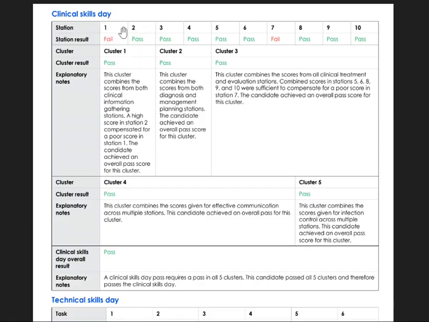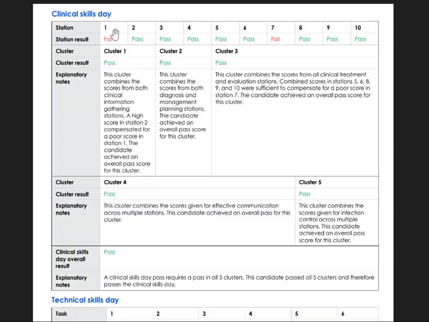So your scores for station 1 and station 2 are added, and if your total score for these 2 stations is above the minimum score that the ADC has set for this cluster, you will pass the cluster. If the combined score of station 1 and station 2 is less than the minimum score that the ADC has set for this cluster, you will fail this cluster.